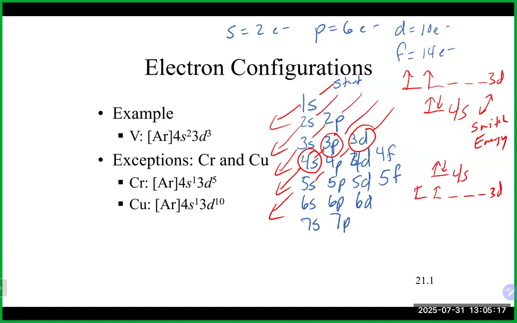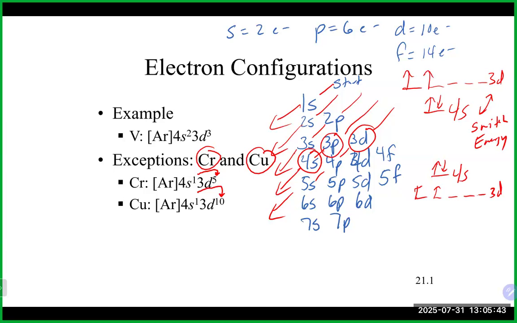There are some exceptions to the electron configuration that you may be aware of. Most people are told they need to know these two, which is chromium and copper. Chromium is number 24. It has 1 less electron in the s, 1 more electron in the d. Same thing with copper. What that essentially does is put an extra electron up in the d orbitals.